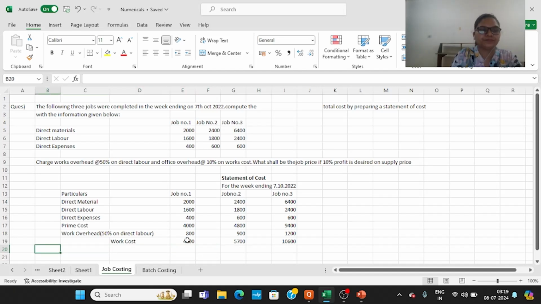Now, after work cost, we will get office overheads.